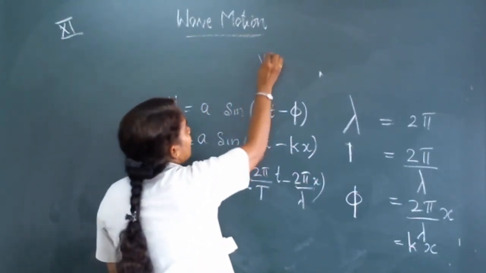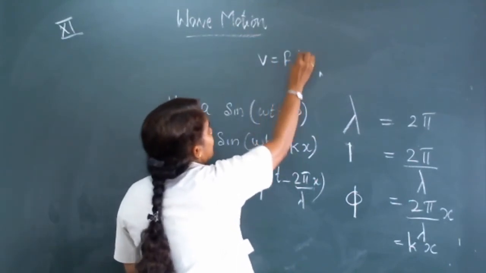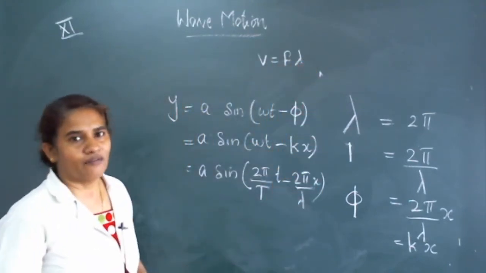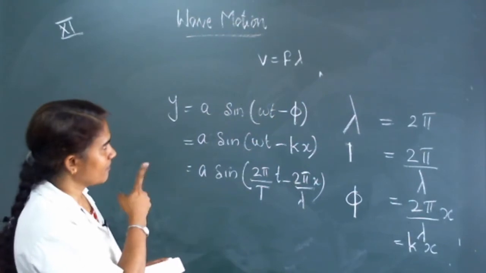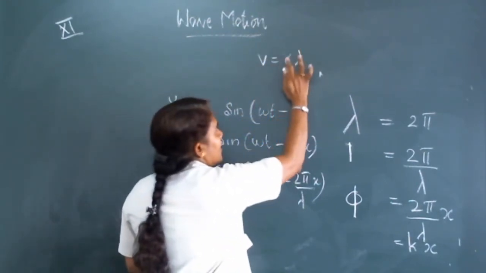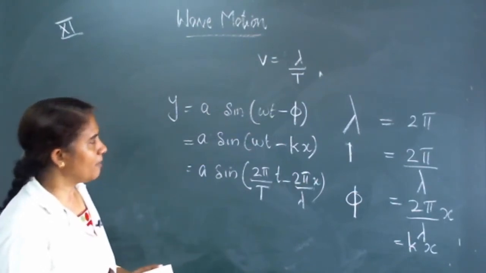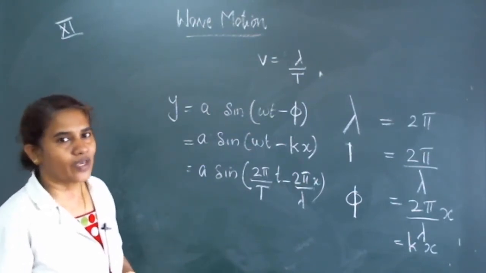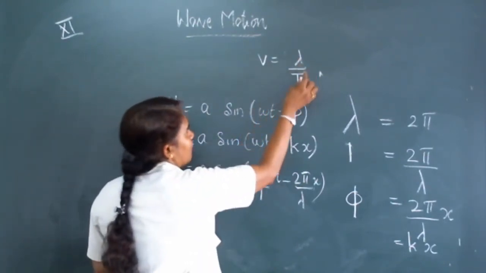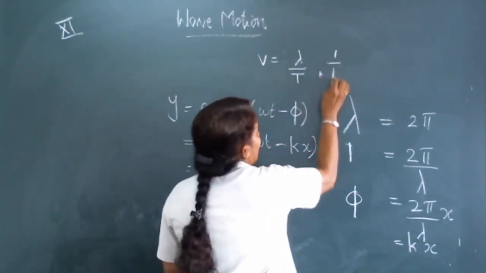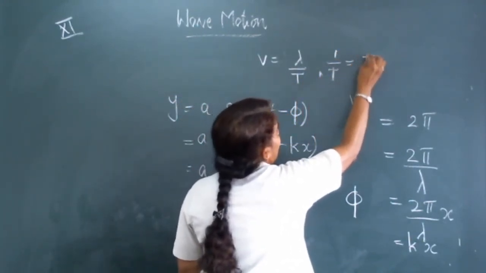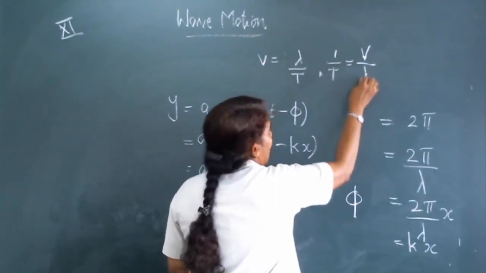The relationship between velocity, frequency and lambda we have studied. If we write time period instead of frequency, v is equal to lambda by T. Therefore, instead of 1 by T here, we can write v by lambda.